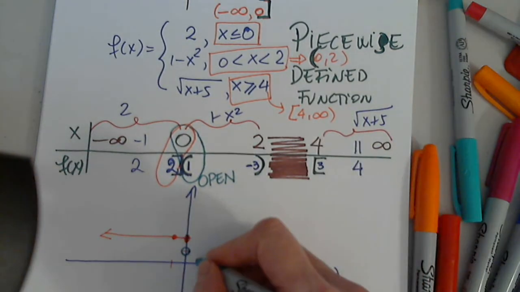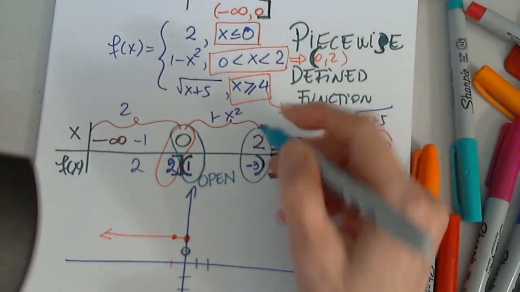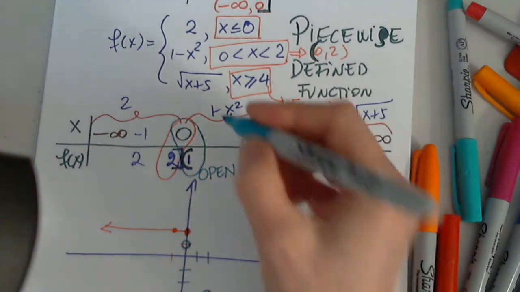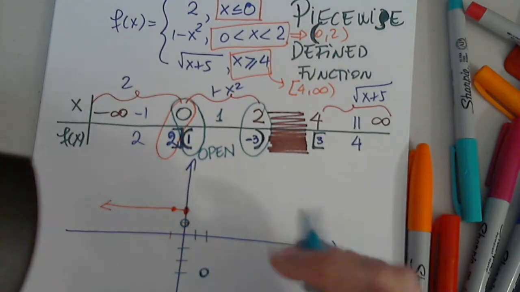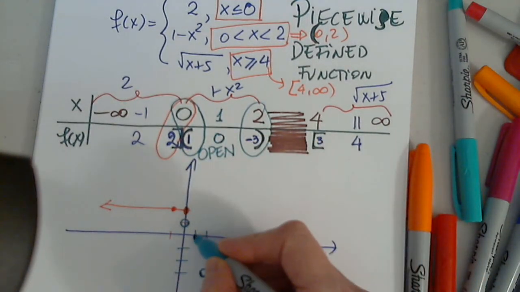And we have also at 2, -3. What type of point is 2, -3? Also an open point. Yes, I should also plug in 1 in here. It's an important point. What do we get when we plug in 1? 0. That's it.